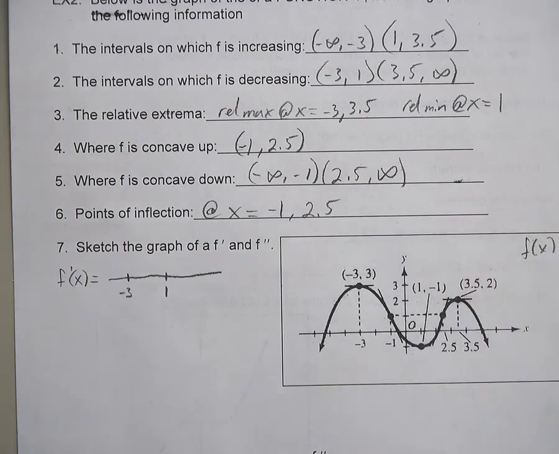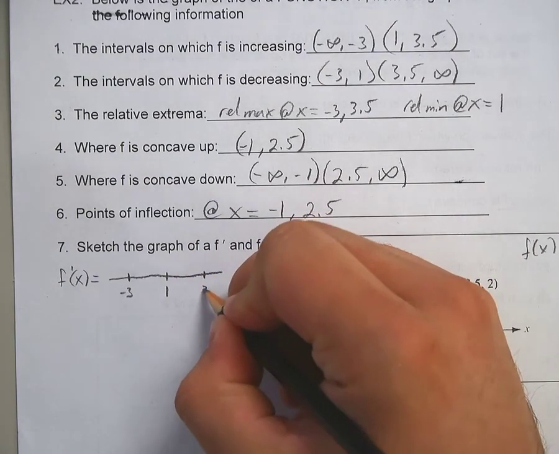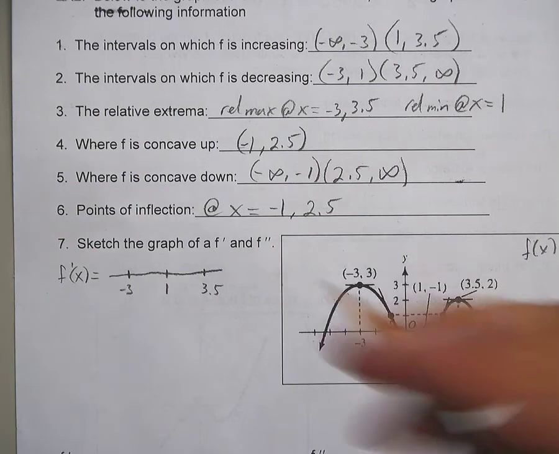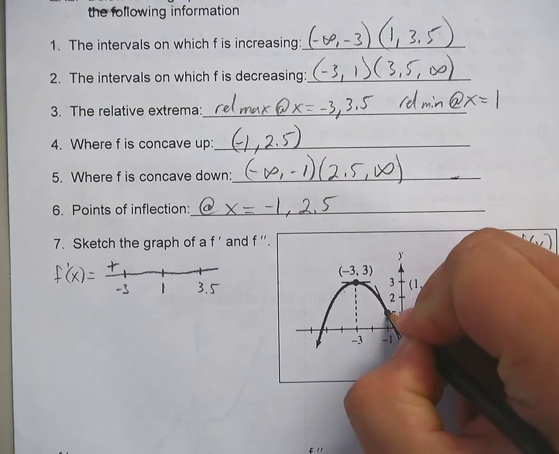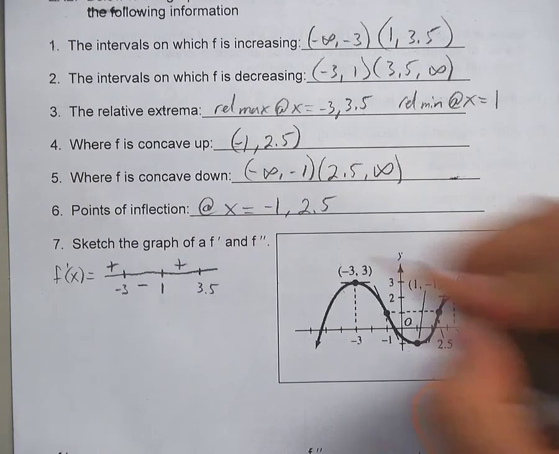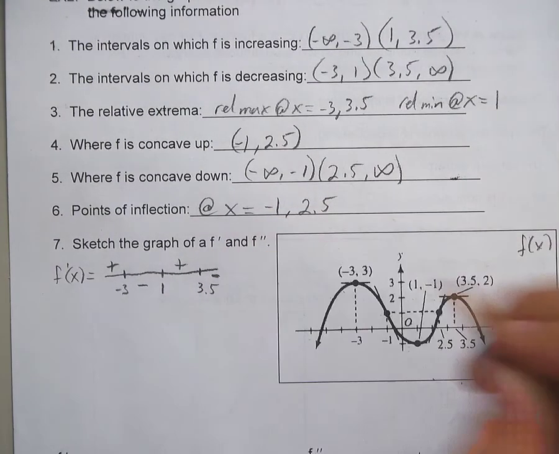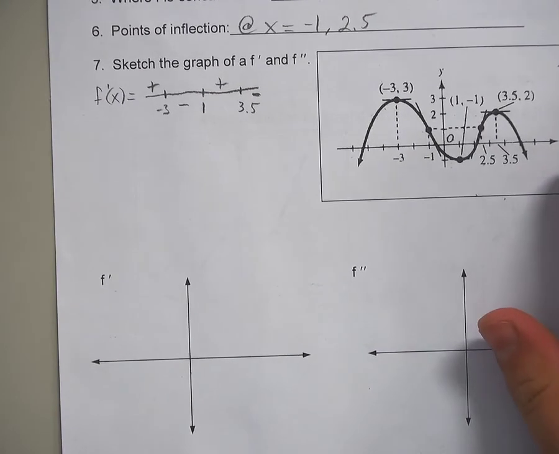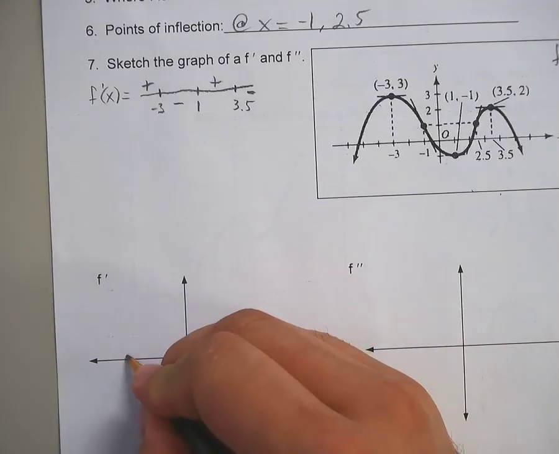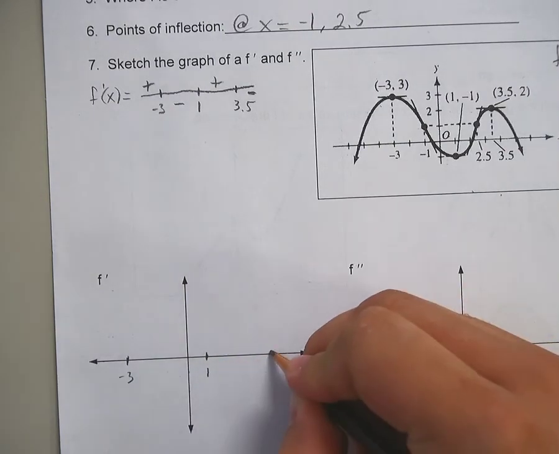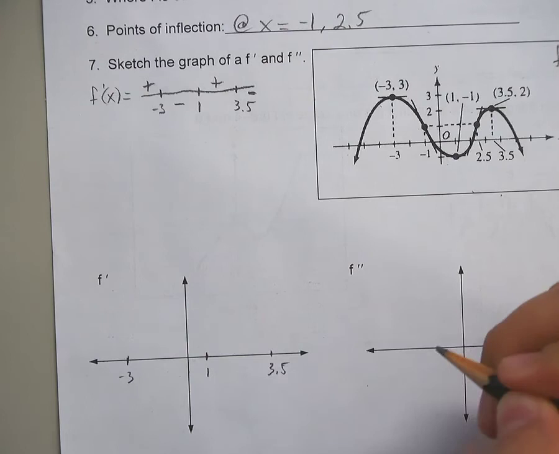And a 0 at 3.5. And then I am increasing to the left, decreasing, increasing, decreasing. So this is actually a relatively simple graph to find. All I have to do is come over here and label -3, 1, and 3.5.